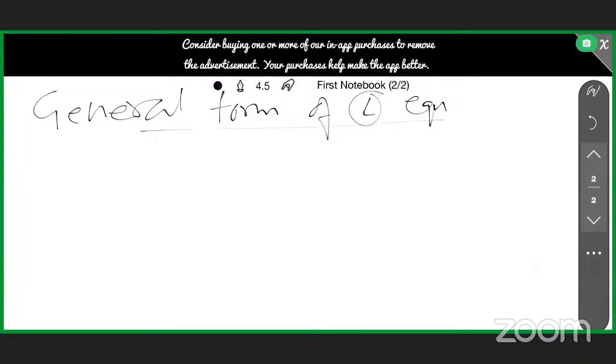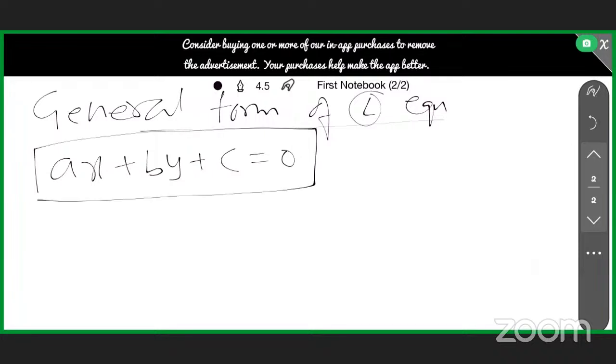A first degree equation in x and y is called a general form of line equation, and it is given by ax plus by plus c is equal to 0.